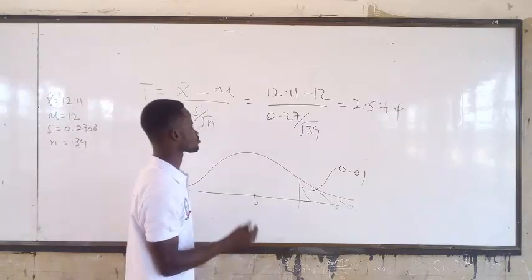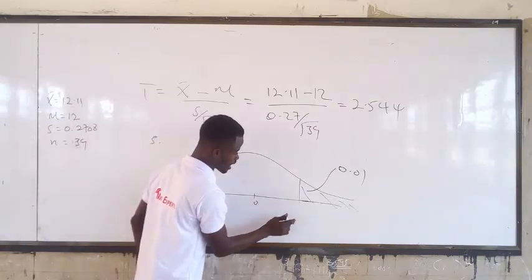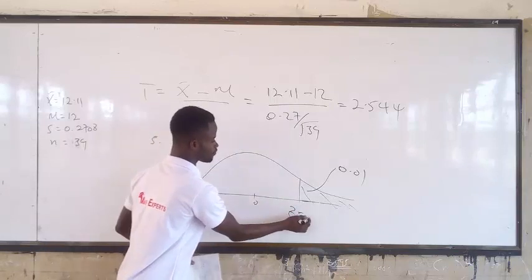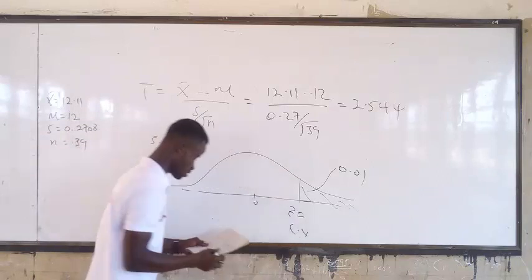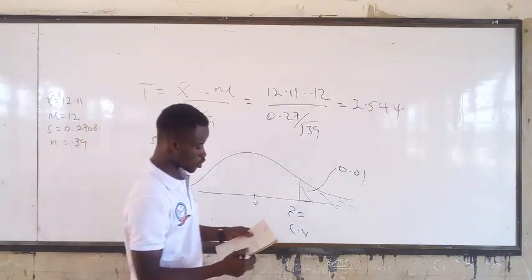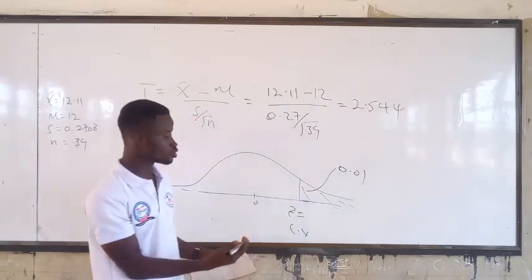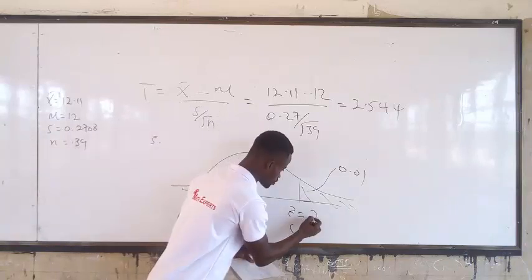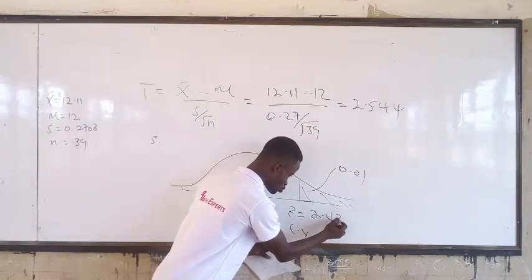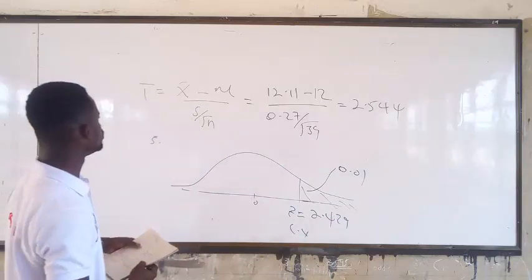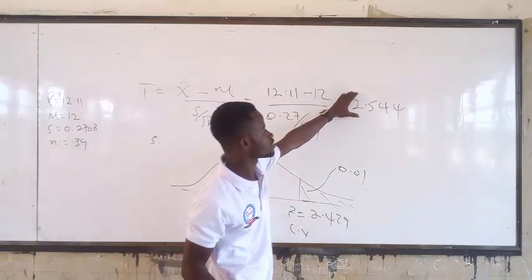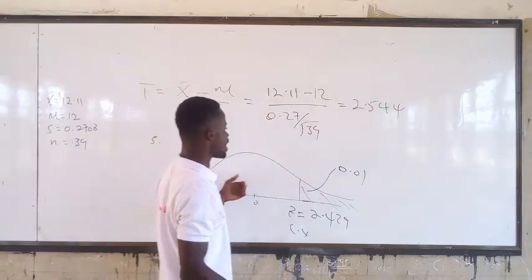So now we use that to identify our what? Our critical value. When you know how to do this on the table, you are going to get 2.429. Alright, 2.429.